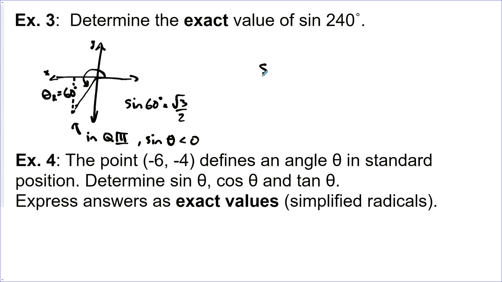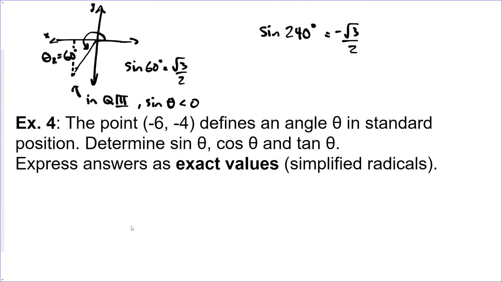So we take the same ratio here because it represents the same triangle, but in quadrant 3, it's going to be negative root 3 over 2. And that's because the hypotenuse is going to be the same, but the y value is going to be negative because it's down here below the x-axis.